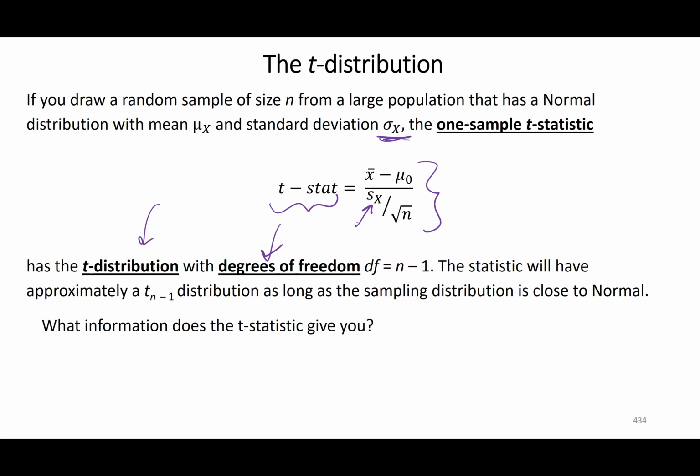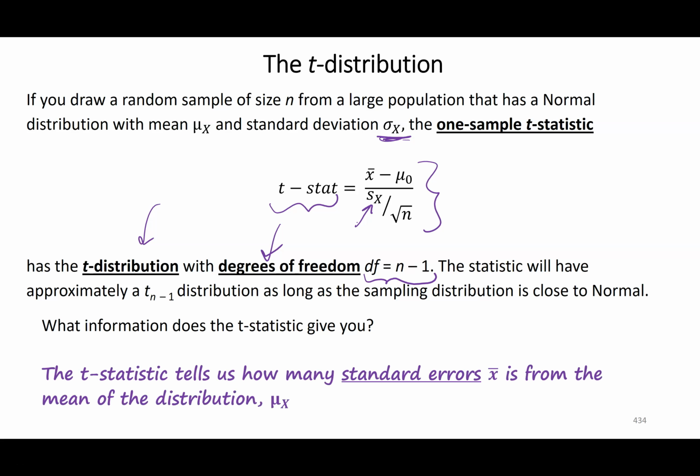Our t-test statistic is going to have degrees of freedom of your sample size minus 1. So if you have a sample size of 20, your degrees of freedom are 19. As long as we set it up this way, that's going to be our degrees of freedom every time.